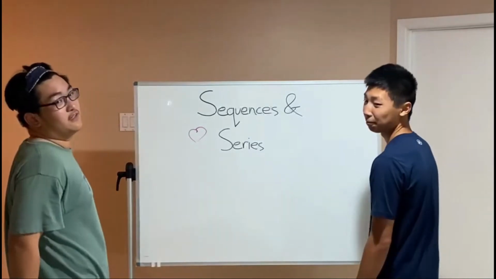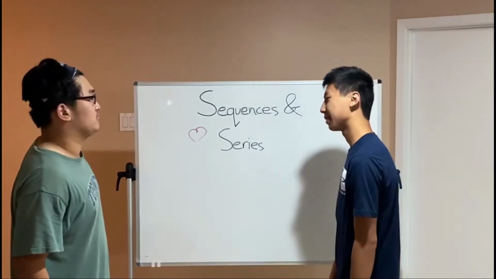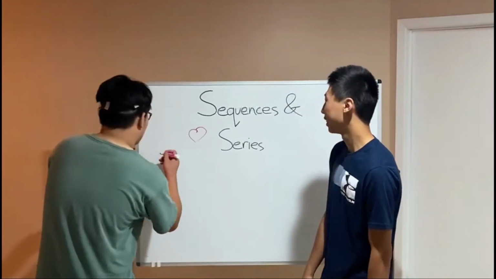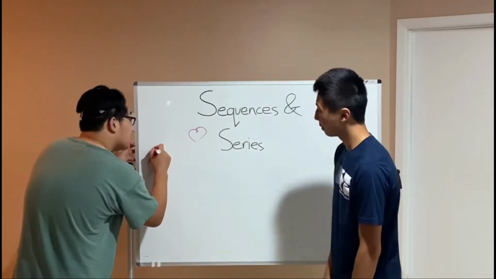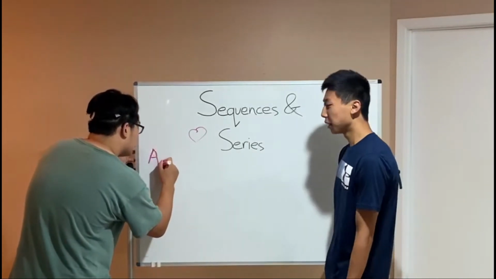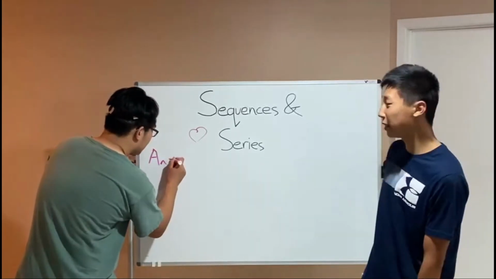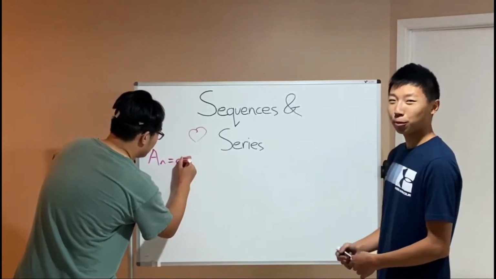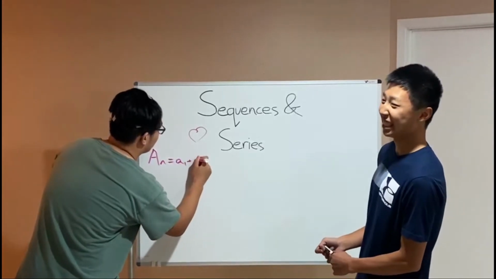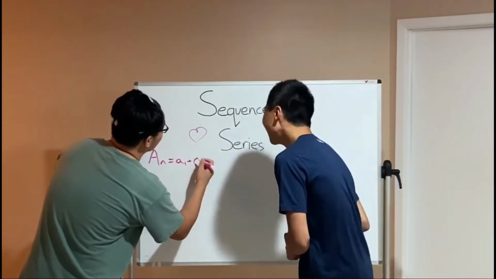The first little piece of math or equation we're going to show you is the nth term of an arithmetic series. And what I meant was a sequence. No problem, continue.